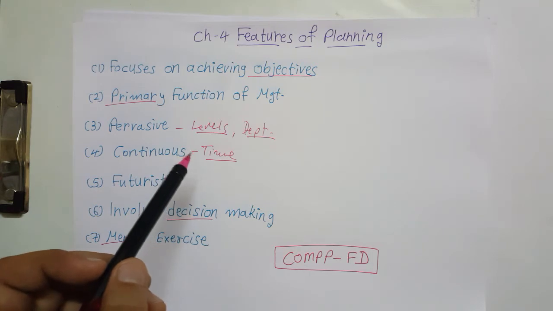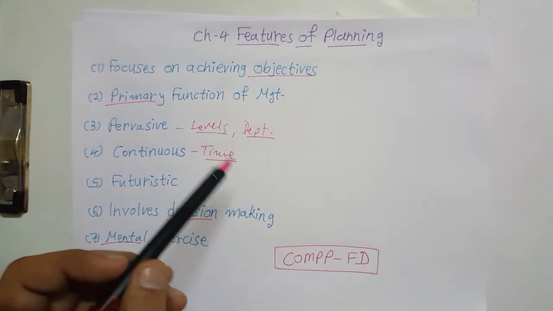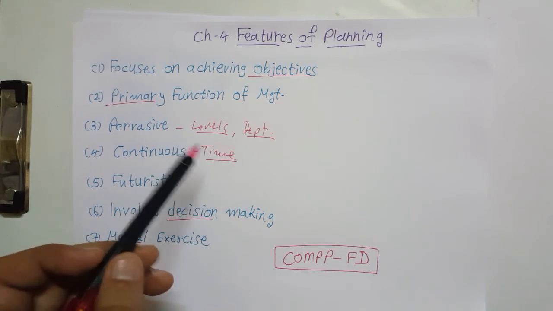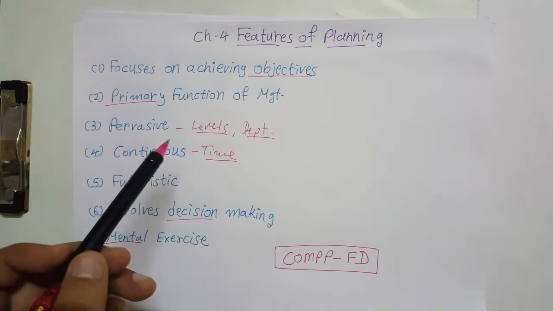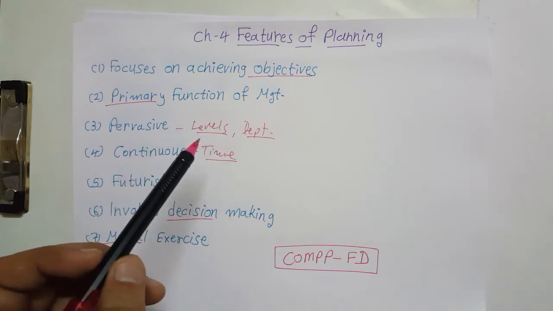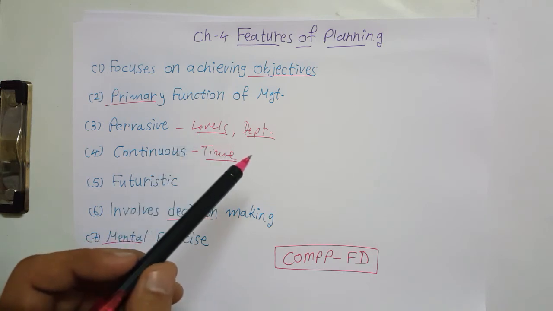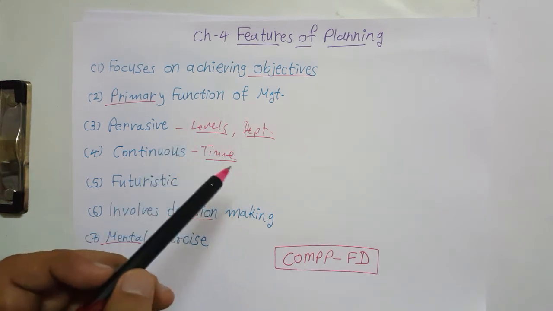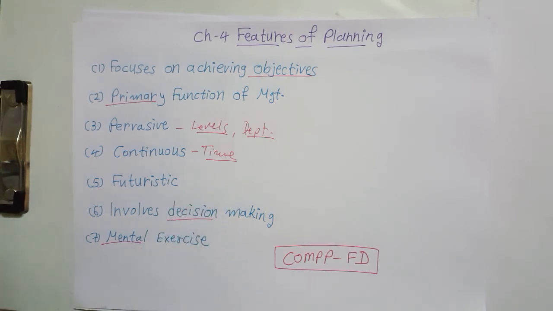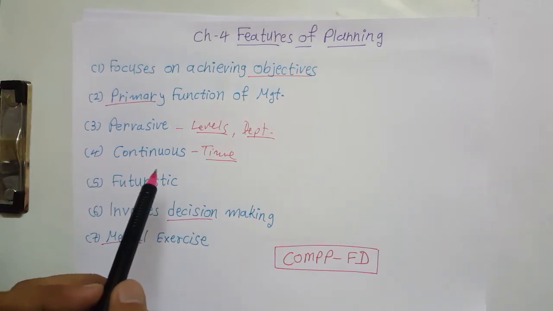So the planning activity goes on continuously. One plan is over, another plan we follow, another plan is completed, the next plan we follow. In that way planning becomes continuous. Planning becomes a basis for new requirements. If some change is there, new requirements are there, for that also we have to do planning. In that way planning is always moving forward, and it is a continuous activity.